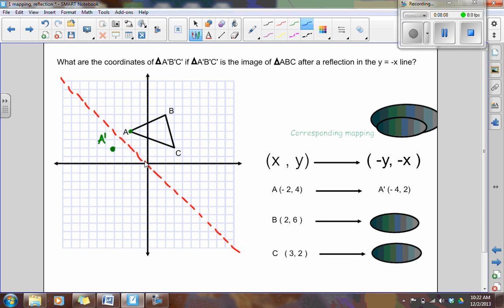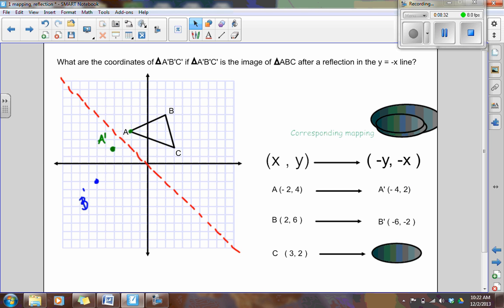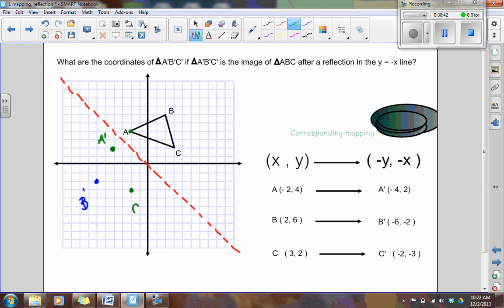Okay, so if B is (2, 6), B prime is going to be (-6, -2). And C is (3, 2), so that's going to go to (-2, -3).